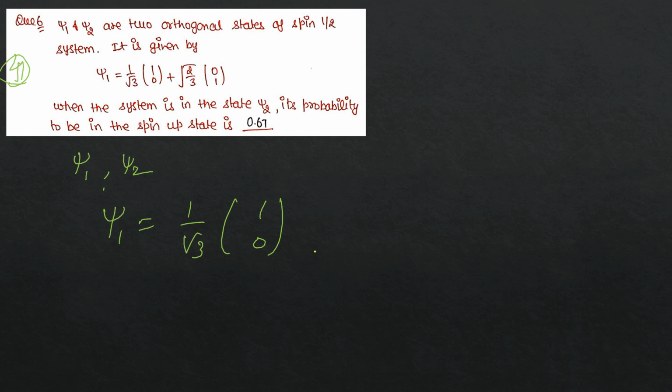Psi1 is equal to 1 by root 3 (1, 0) plus root over 2 by 3 (0, 1). When the system is in state psi1, the probability of being in the spin up state is given. If the system is in state psi2, then what is the probability of it being in the spin up state?